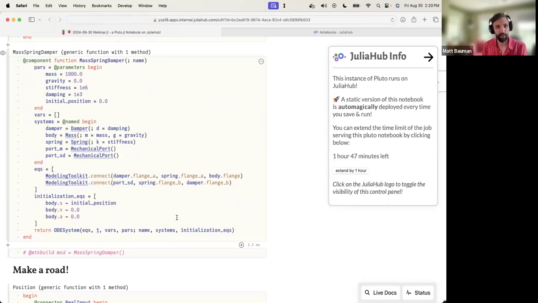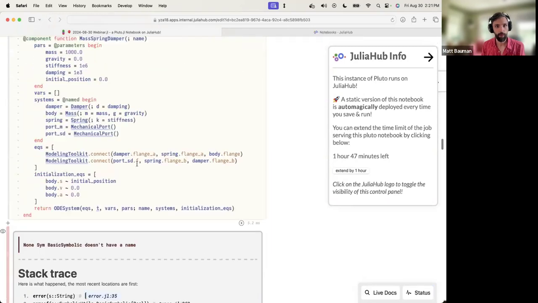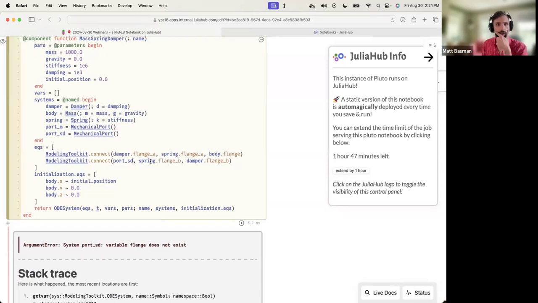And I think it's here, right? The port, we want to connect the port. Is that where it is? Nope, that's not it. Oh, dot flange, maybe? Oh. Yeah, that's how it is in my notes here.